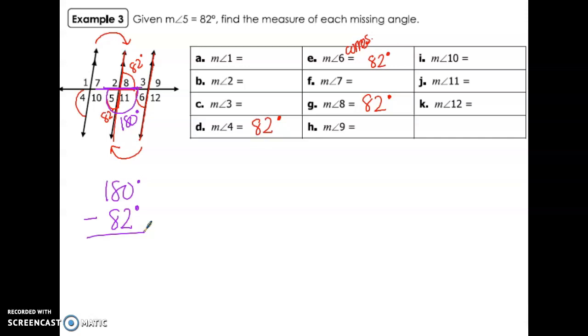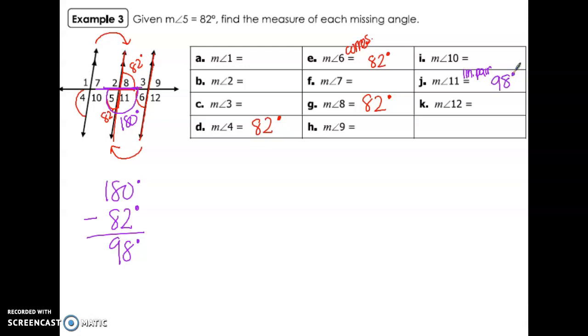So 180 minus 82, I think that ends up being 98 degrees. So over here we would say these were linear pairs. You don't have to write the reasoning. I'm just showing you guys. For linear pairs, we said 98 degrees.